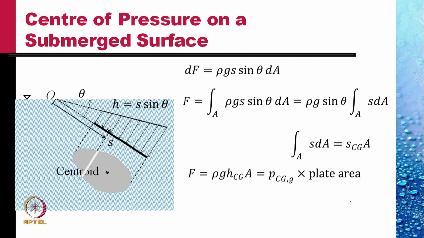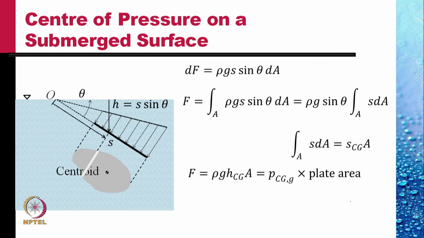The integral s dA over the whole area is nothing but the distance s of the centroid, the CG, times the area, so that the force is the pressure at the centroid times the plate area. The same result as we obtained above.